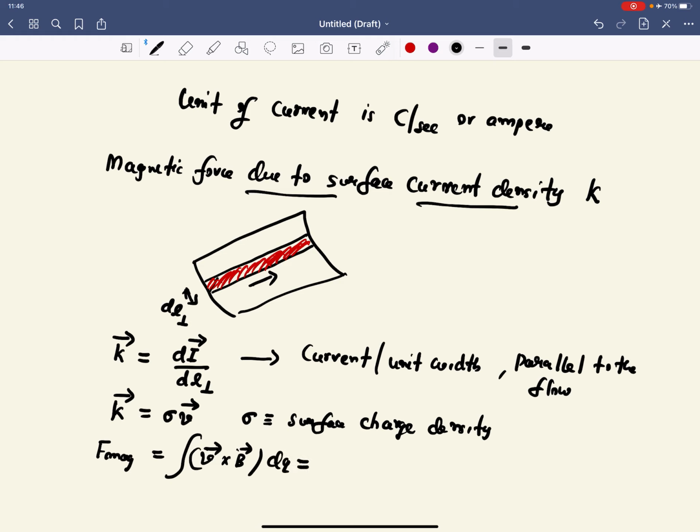Now dq can be written in terms of the surface charge density, which gives V cross B into sigma dA. Okay, and V sigma is K. So we can rewrite this in terms of the surface current density as K cross B into dA.